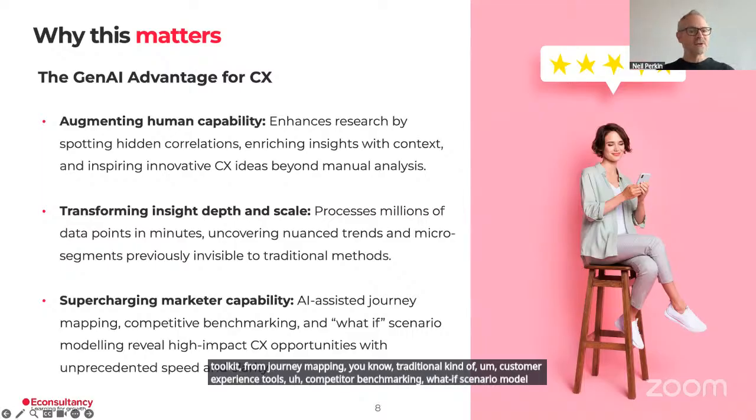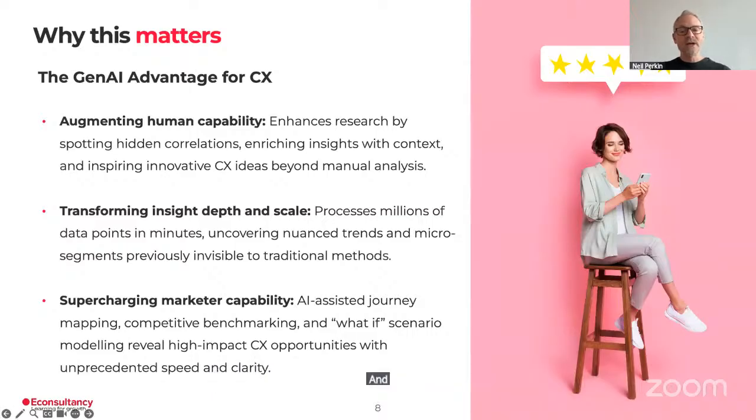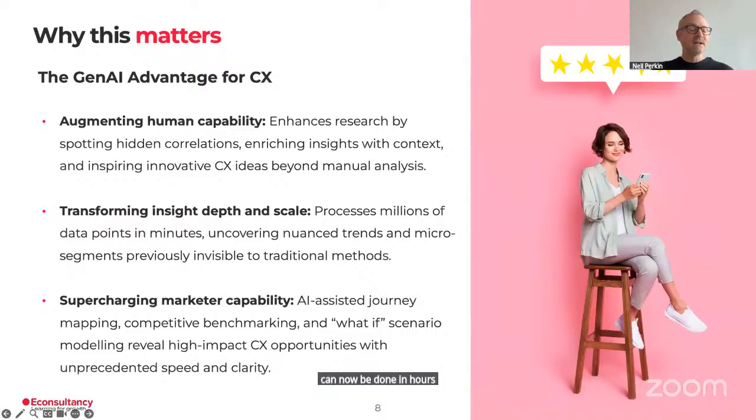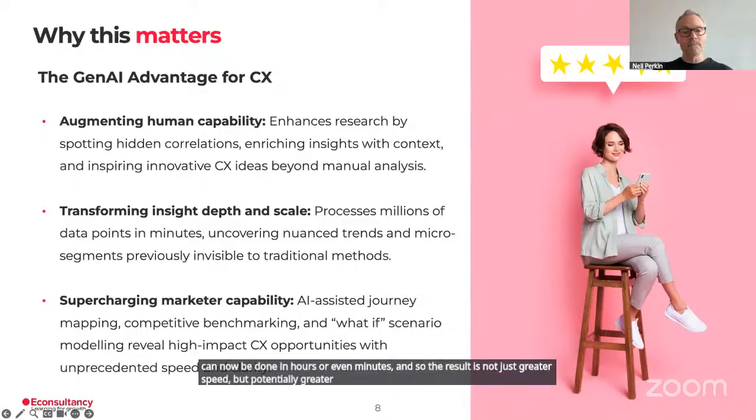These are all interesting processes and tools that marketers can use, which are really augmented by AI. We'll look at some of those a bit later. And so really what we're talking about here is tasks that once maybe took weeks to do can now be done in hours or even minutes. And so the result is not just greater speed, but potentially greater clarity as well.